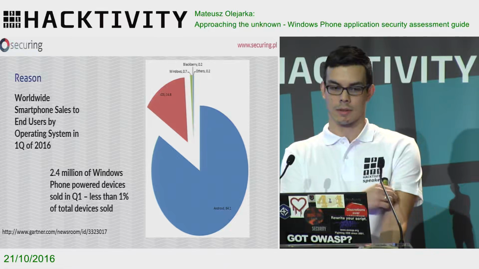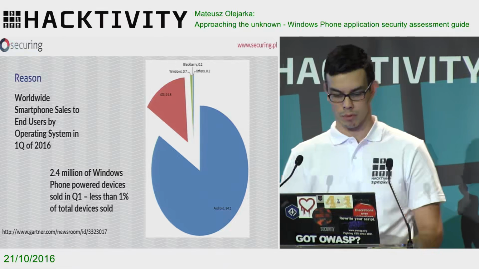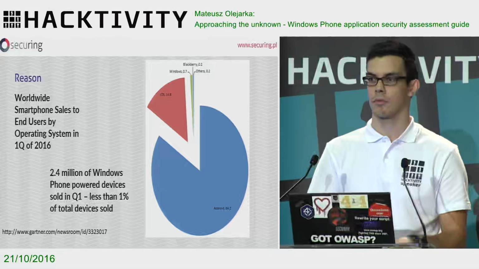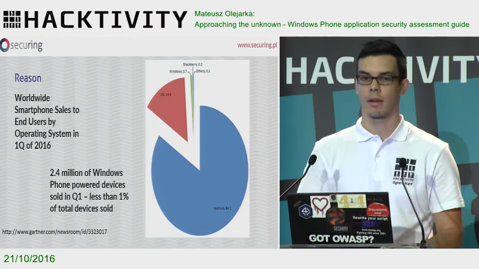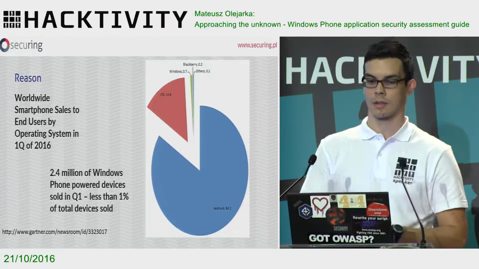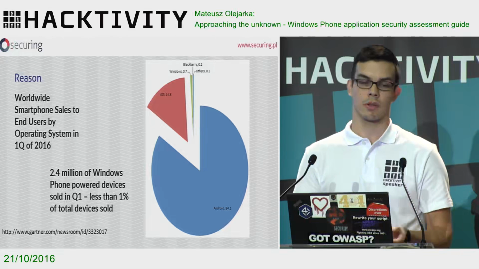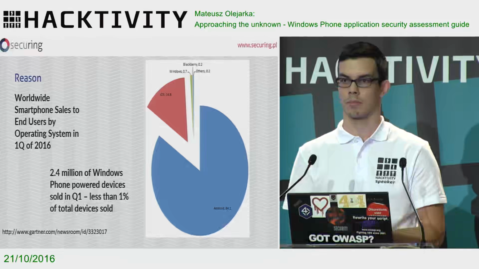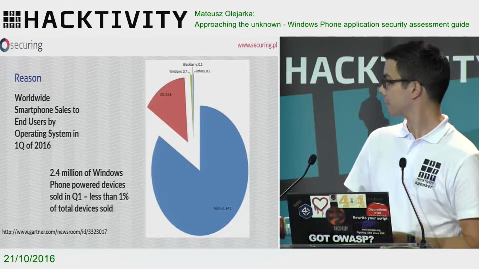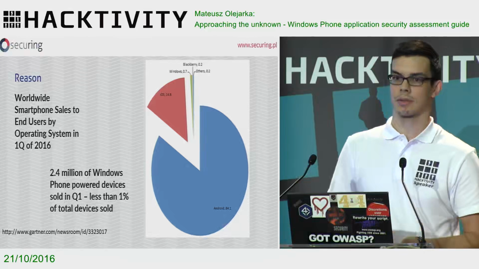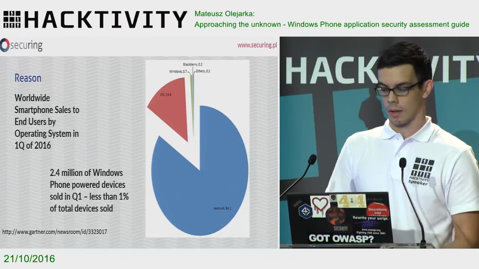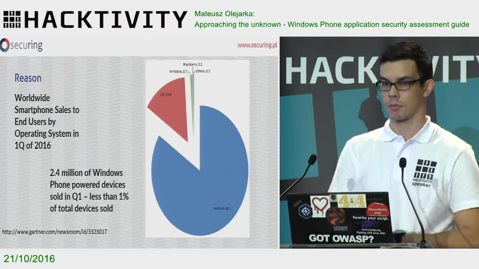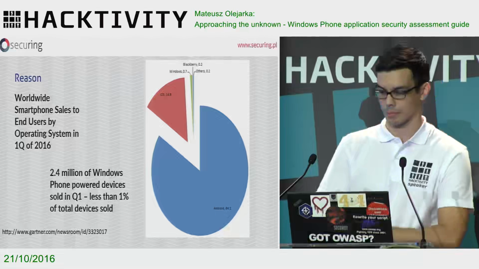In my case, our customers, which are mostly financial sector players, come a few times a year, 4, 5, and ask us to test a Windows Phone application. They provide versions of their application on all platforms, I mean Android, iOS, and sometimes for Windows Phone. So this is the second reason I'm here.